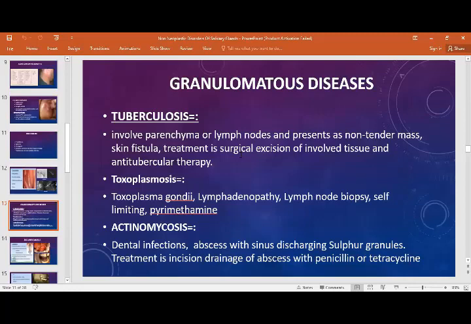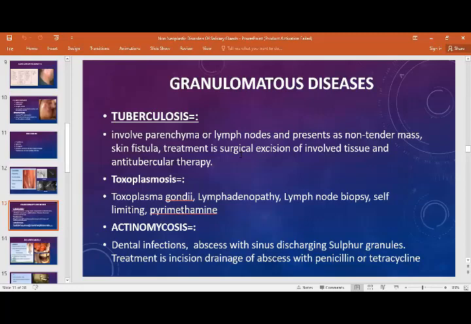Again, tuberculosis in this case might spread directly through ductal spread or through hematogenous spread. If there's any lung disease, it could spread to the parotid gland. Most of the time in this case, the parotid gland is enlarged.